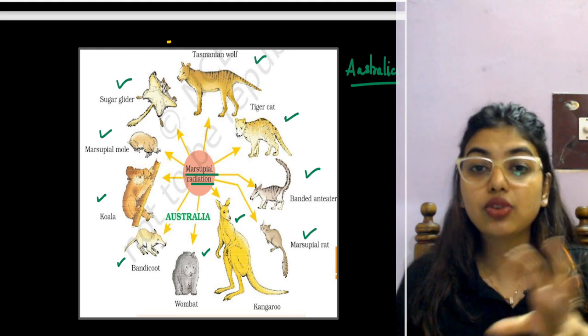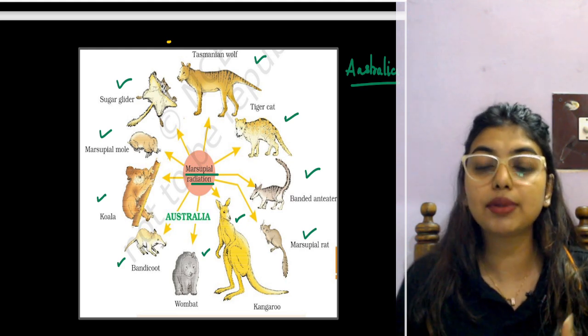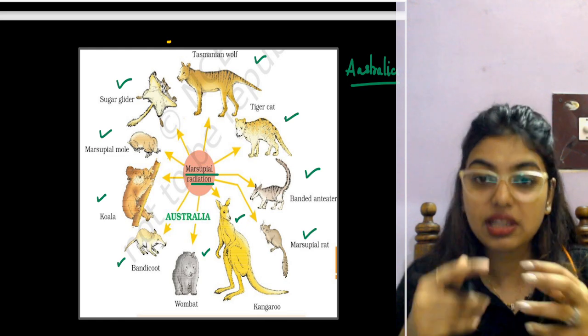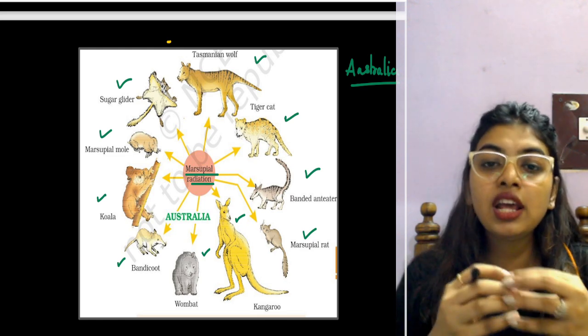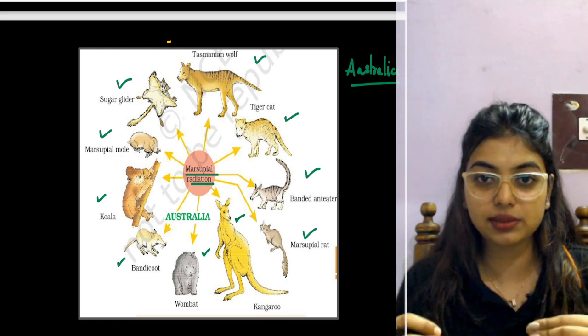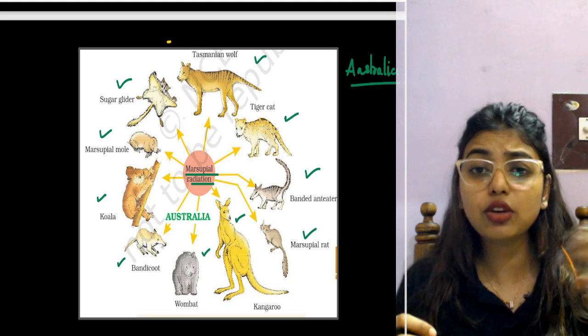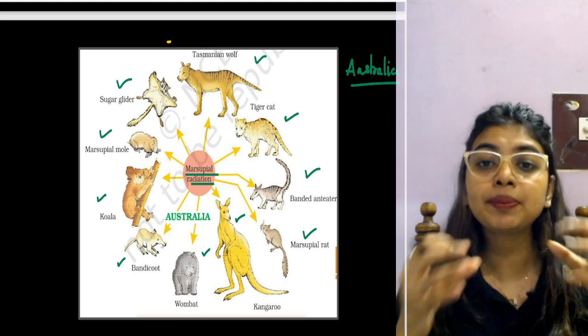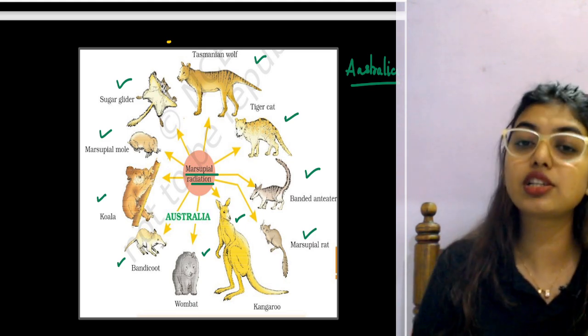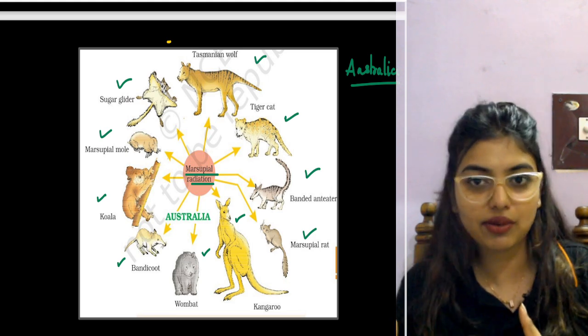So since they do not have a land route, students, what is going to happen? In the same continent, they're going to go to different places. And when they go to different places, they are going to get adapted to that situation, and this is called adaptive radiation.